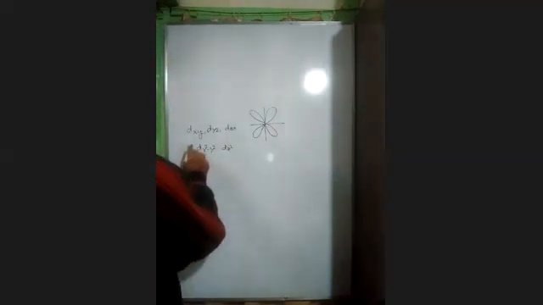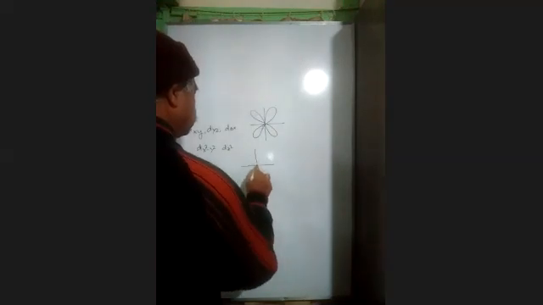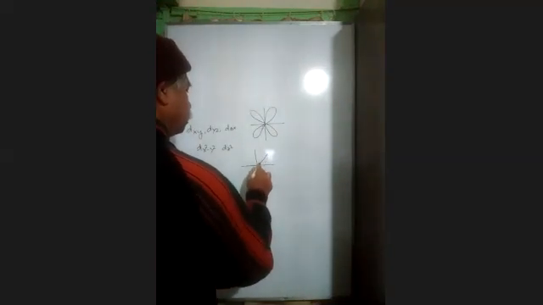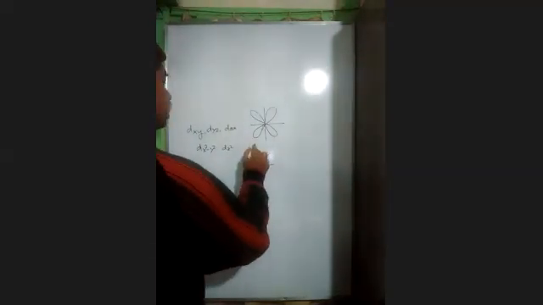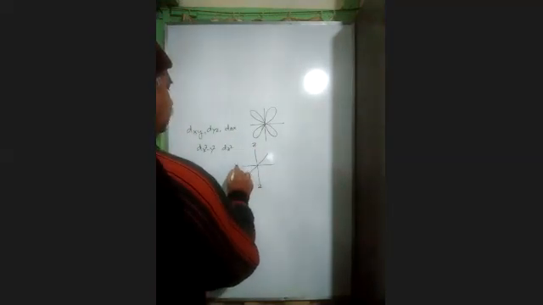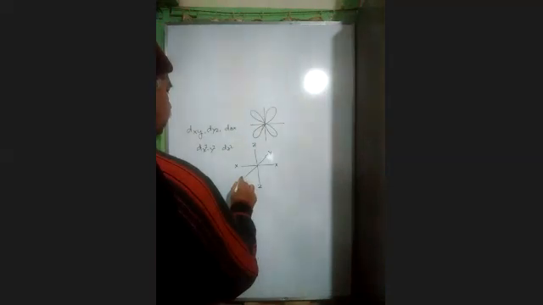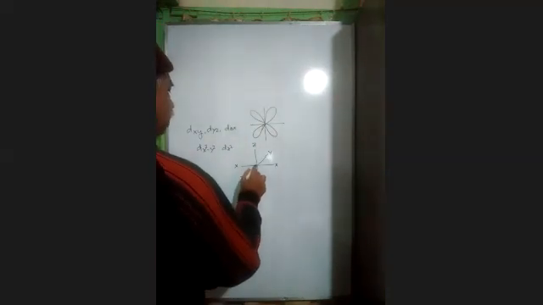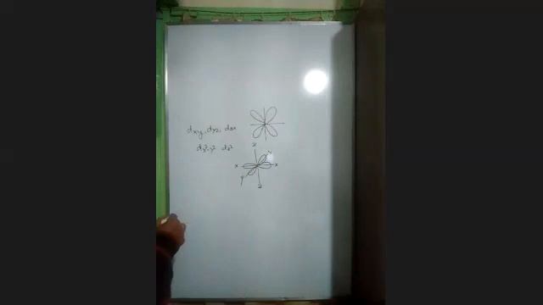And these two orbitals are along the axis. Okay? See, say it is Z. This is X. And this is Y. You know it very well. dx square minus y square is this. Okay?